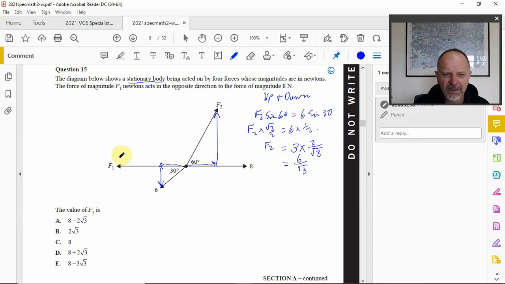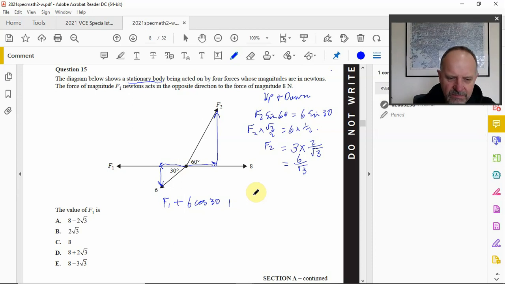All right, left and right. To the left, I've got F1, but I've also got this component of 6, so plus 6 cos 30. And to the right, whoops, not plus, equals, because they're in equilibrium, the 8 plus this component of F2, which is 6 on root 3, times cos 60.